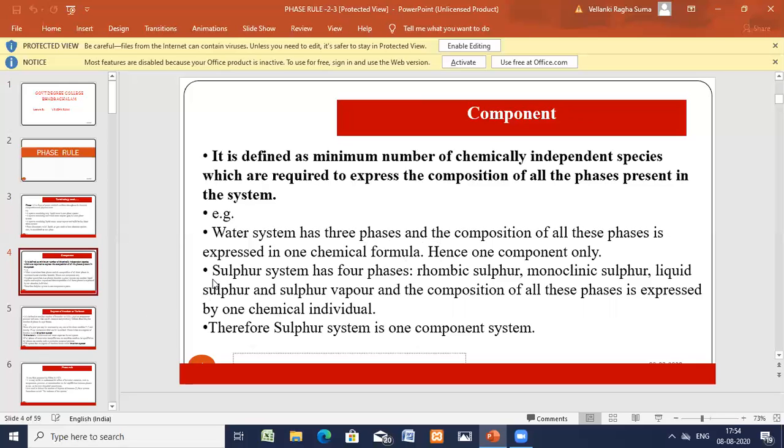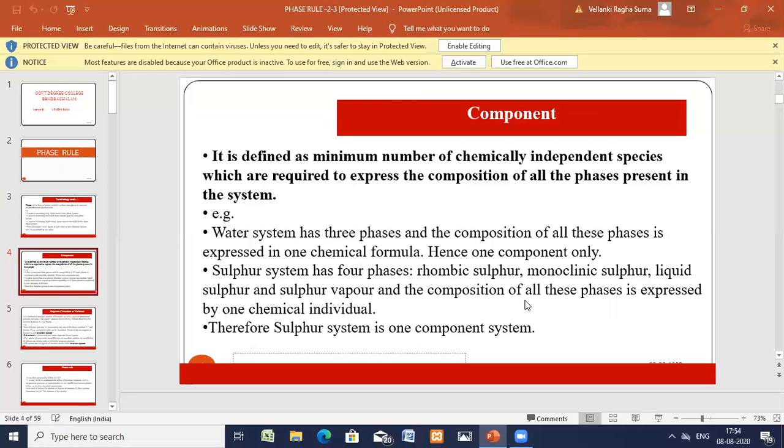You take sulfur. It has four phases. In the previous session we discussed one component systems: one is the water system, the other is the sulfur system. There we studied that it has four phases: the first is rhombic sulfur, the second is monoclinic sulfur, the third is liquid sulfur, and the fourth is vapor sulfur.